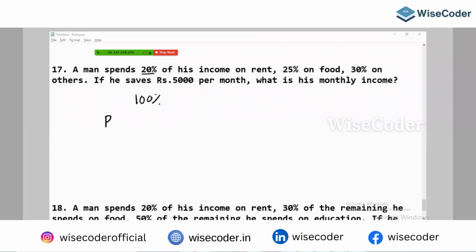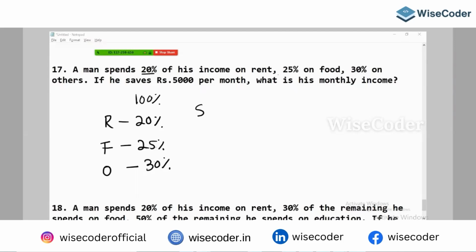So on rent he's spending 20%, on food 25%, and on others 30%. 30 plus 25 is 55, plus 20 is 75%. So total spending is 75%.